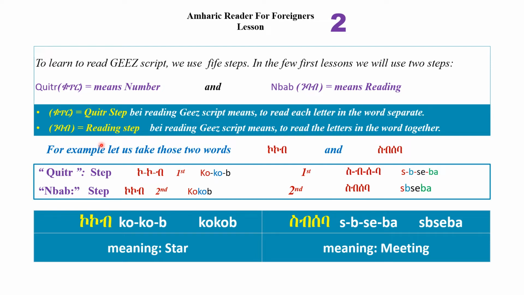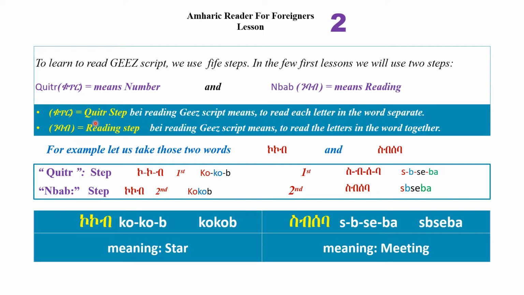That is Ge'ez with its approximately 289 letters. Please, if you have not learned lesson 1, first watch and work through that video. To learn to read Ge'ez script, we use 5 steps. In the first few lessons, we will use 2 steps, Qutur and Nibab.